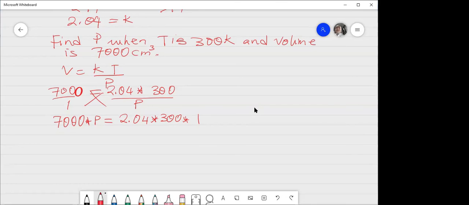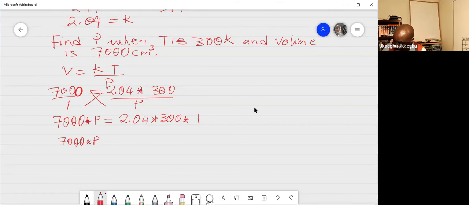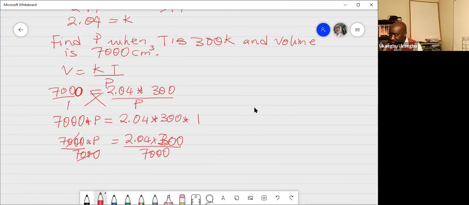So she said 7,000 times P over 7,000 is equal to 2.04 times 300 divided by 7,000. So that crosses this out. And then we just use our calculator to punch in the number. That should be 600 and something. So use the calculator and let's get the value.